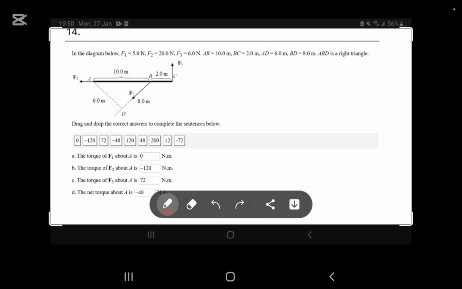The torque of F2 about A. So this is F2 and this is A. The perpendicular distance between F2 and A will be AD, right? So we have F2 is 20, and as we said, the perpendicular distance is 6.